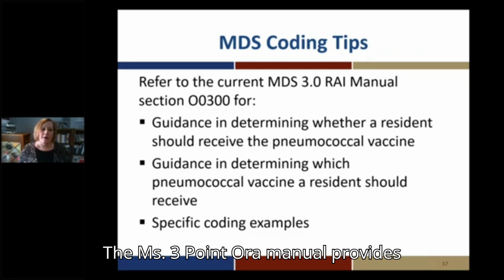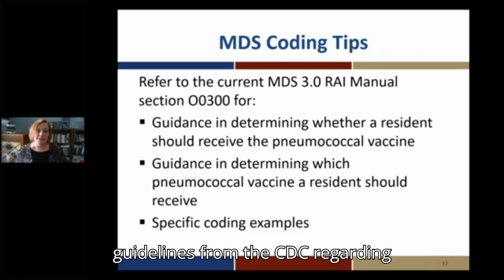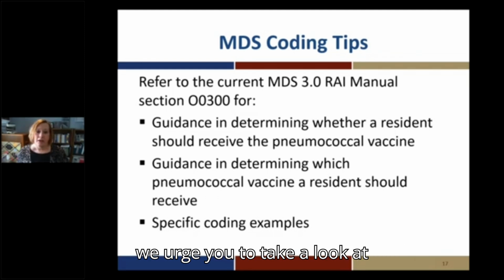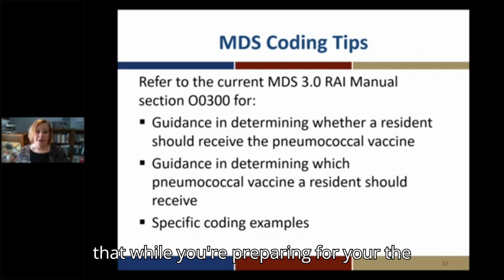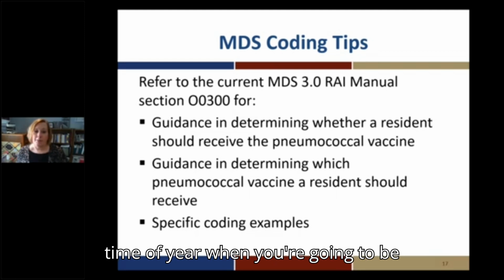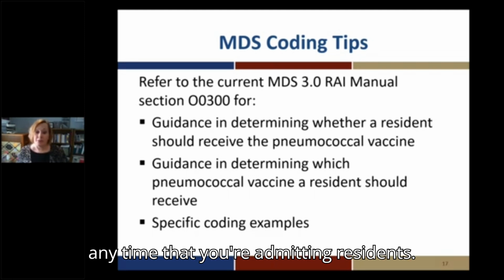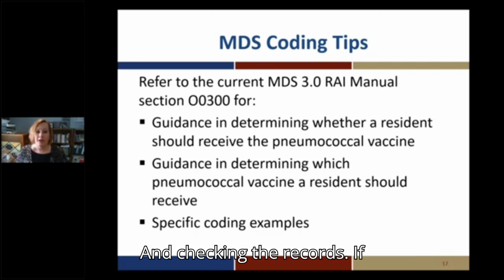The MDS 3.0 RAI manual provides guidelines from the CDC regarding pneumococcal vaccine administration. So we urge you to take a look at that while you're preparing for the time of year when you're going to be doing these vaccinations, and along with any time that you're admitting residents and checking the records.